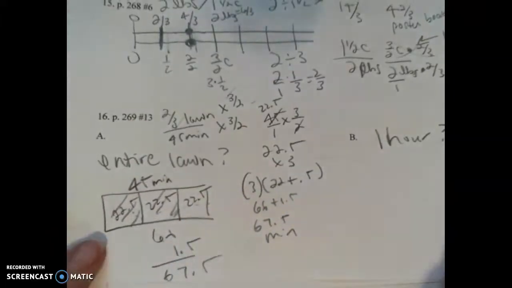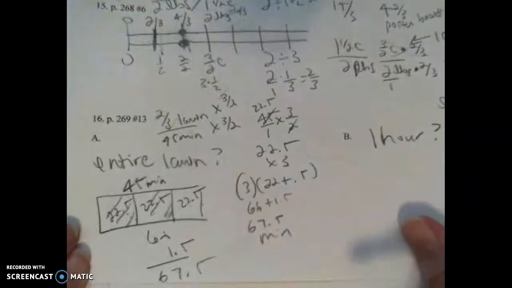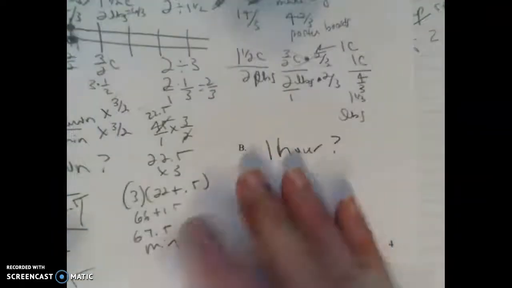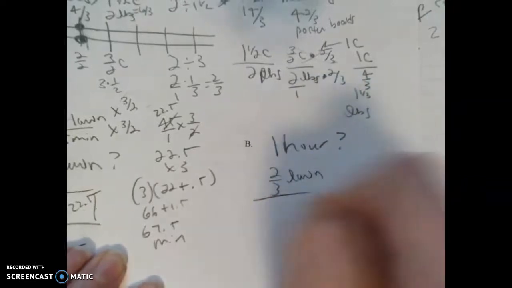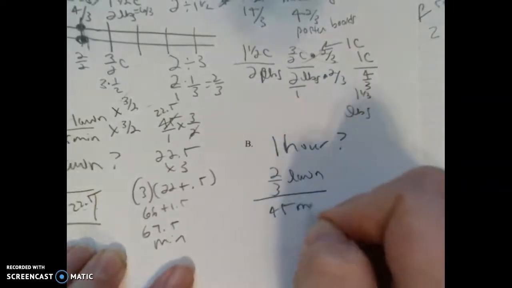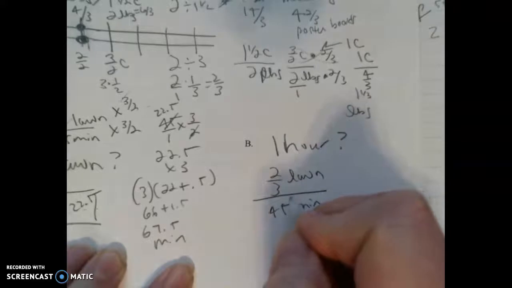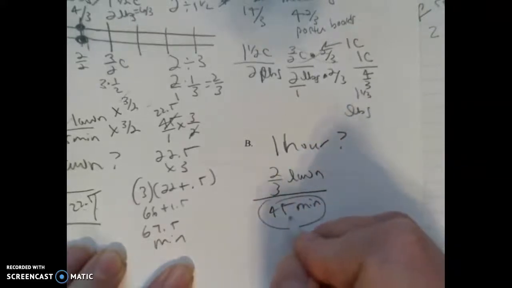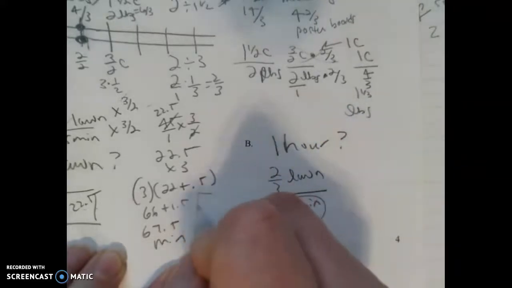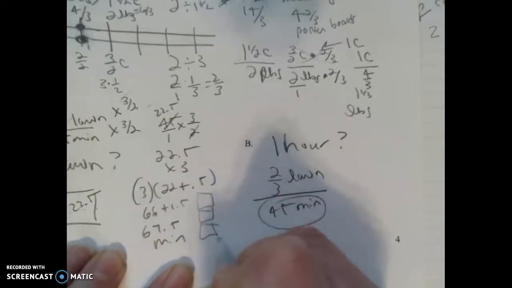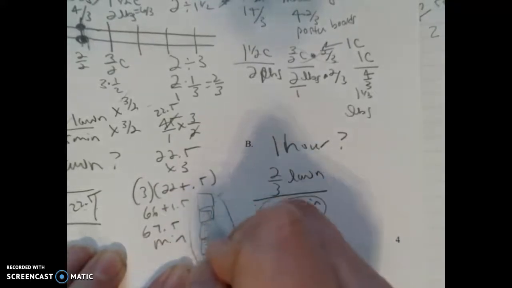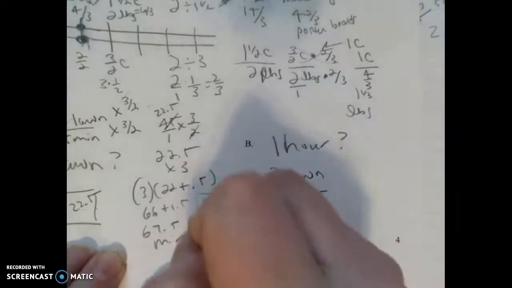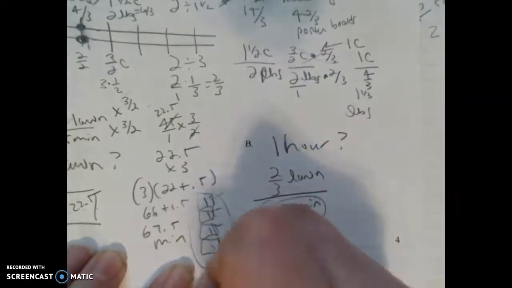If I want to do this one logically, and I don't want to run out of time, I have 2/3 lawn in 45 minutes. I'm going to think of this as a fraction instead. Actually, 45 minutes, right? There's 15 minutes 4 times in 60 minutes: 15, 15, 15, 15.